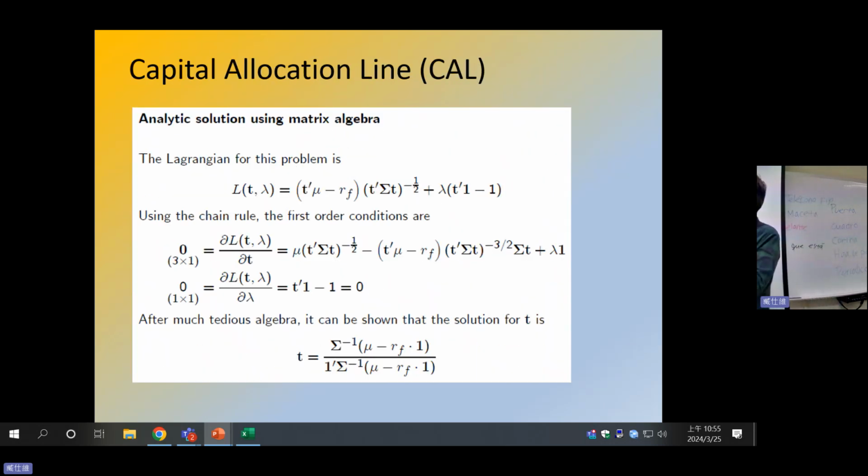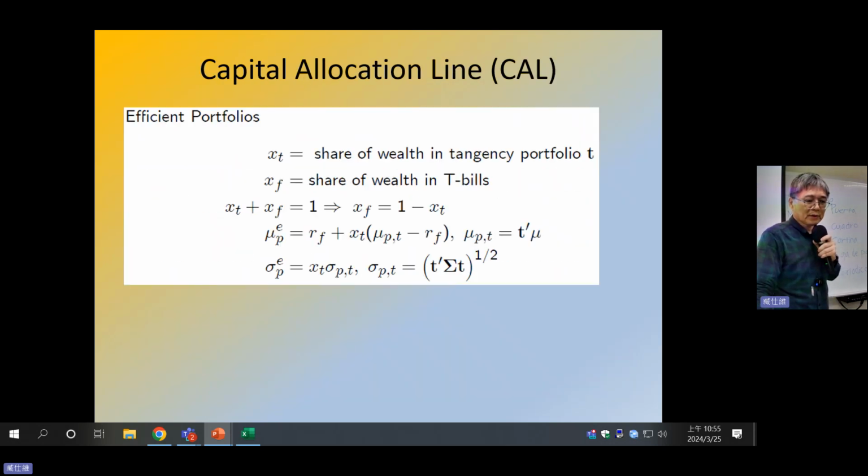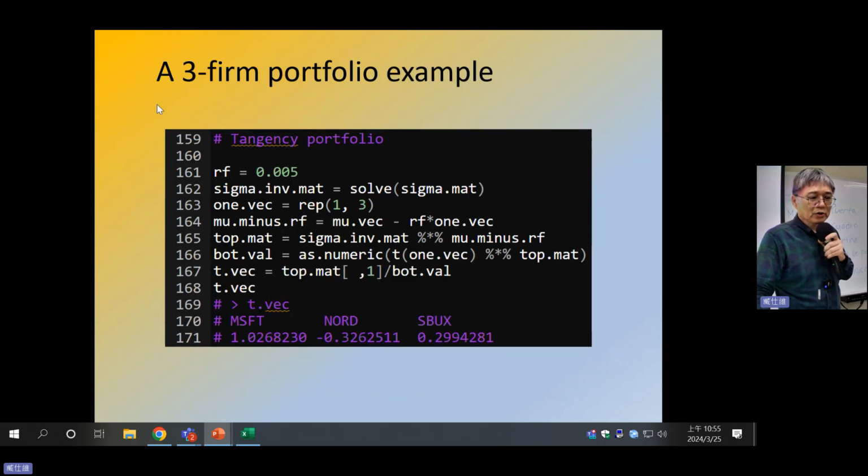So on the upper part, we have sigma inverse multiplied by mu minus RF dot 1. Okay, so based on this, first of all, let's say RF equals 0.005.